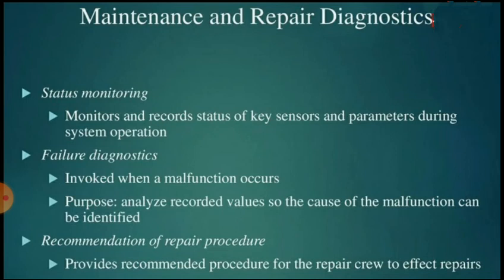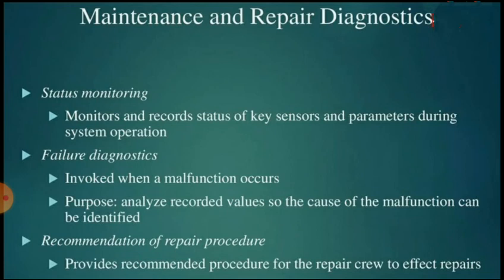Second is failure diagnostics. The failure diagnostics mode is invoked or activated when a malfunction or failure occurs. Its purpose is to interpret the current values of the monitored variables and to analyze the recorded values prior to the failure so that the cause of the failure can be identified.